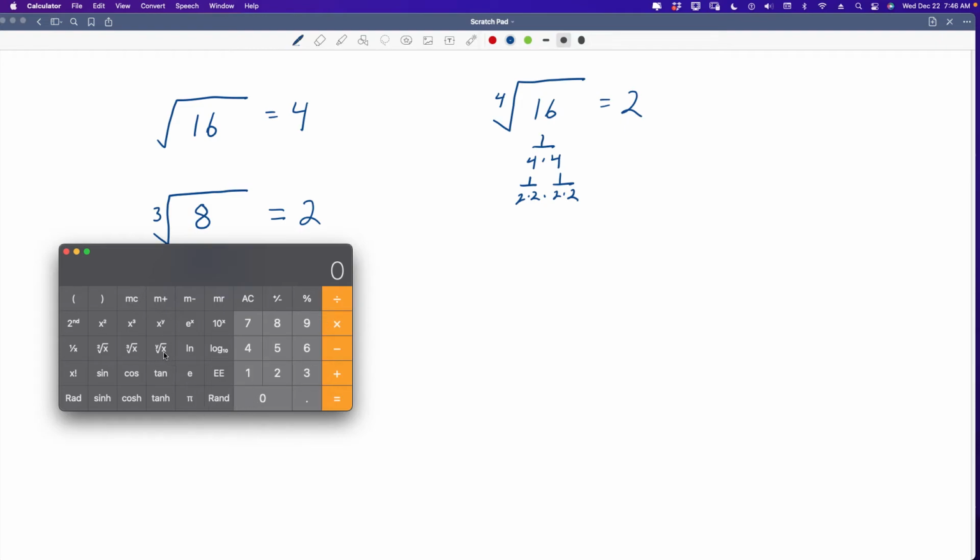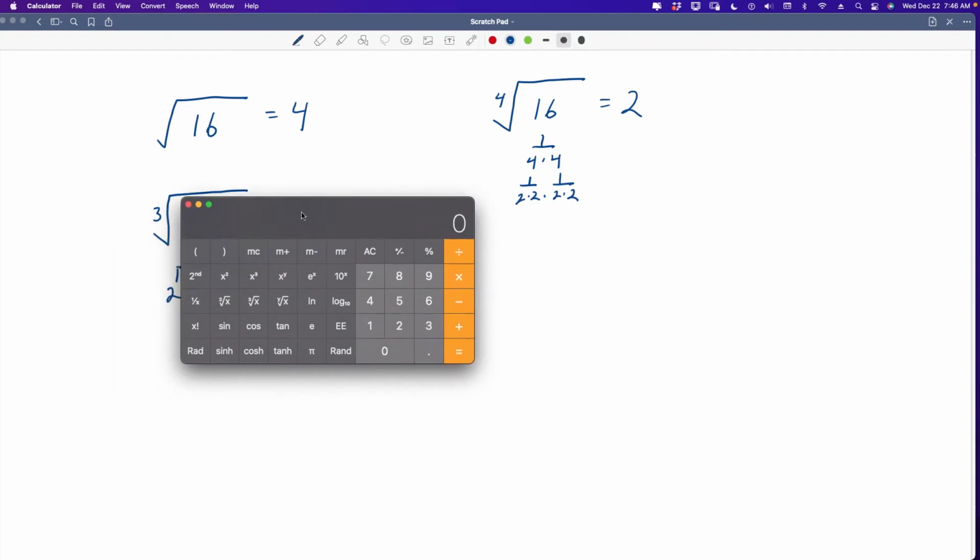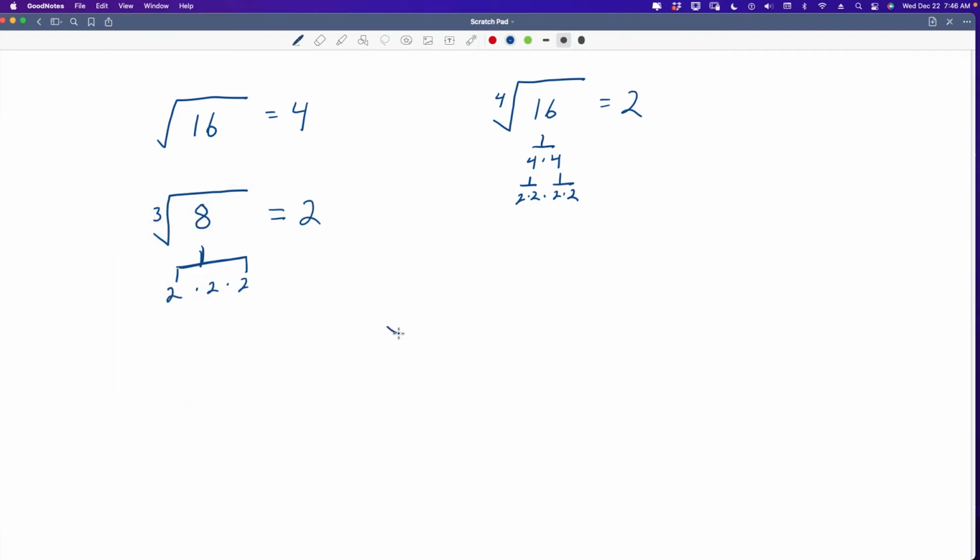It's fine. All right, you see this little button on here? It looks like X and Y. What that is saying is type in this number, press this button, and then type in what the index is, how many identical factors you're looking for, right? So this is the button on the calculator.